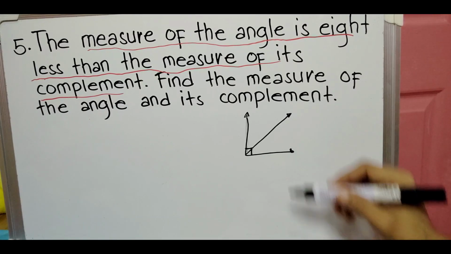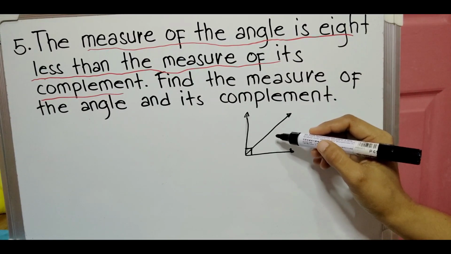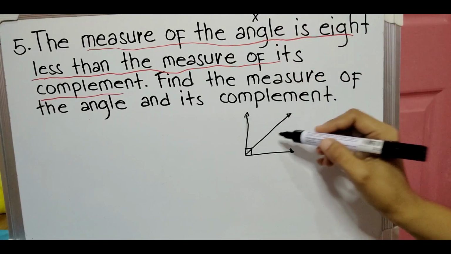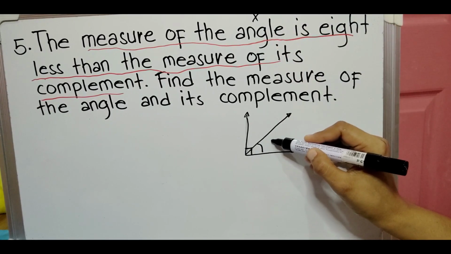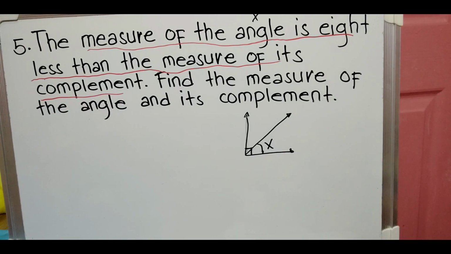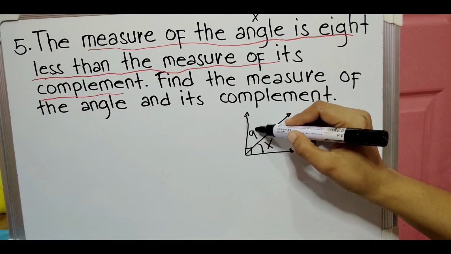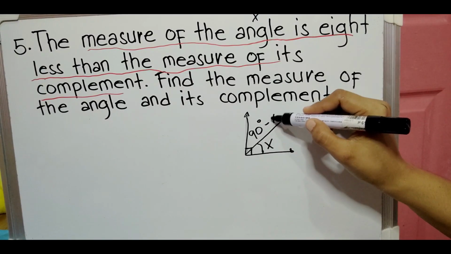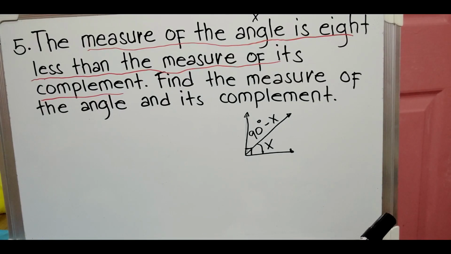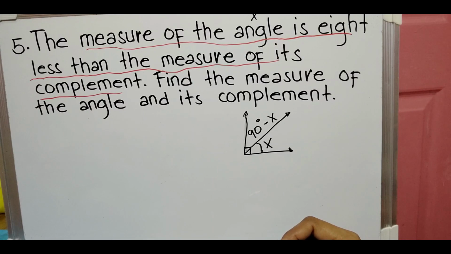So let's say we'll represent the angle by x. So if this is the angle, this is x. Therefore its complement is 90 degrees minus x. Okay, so with this we can write an equation.